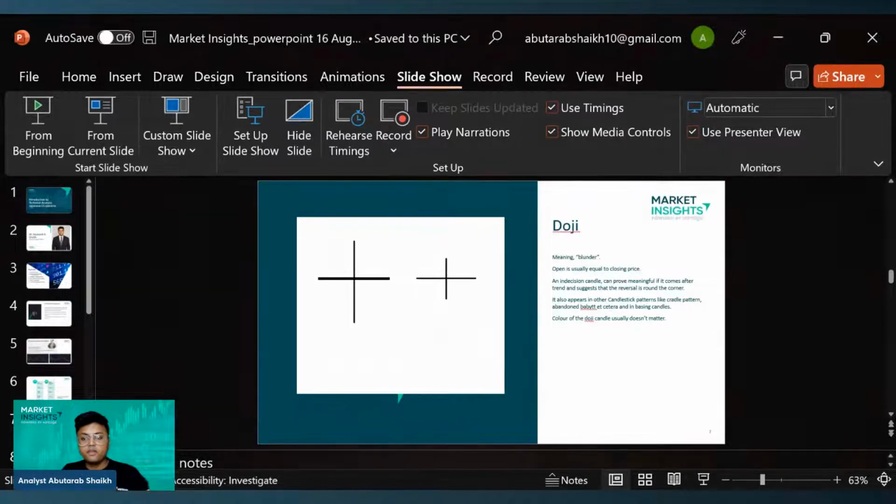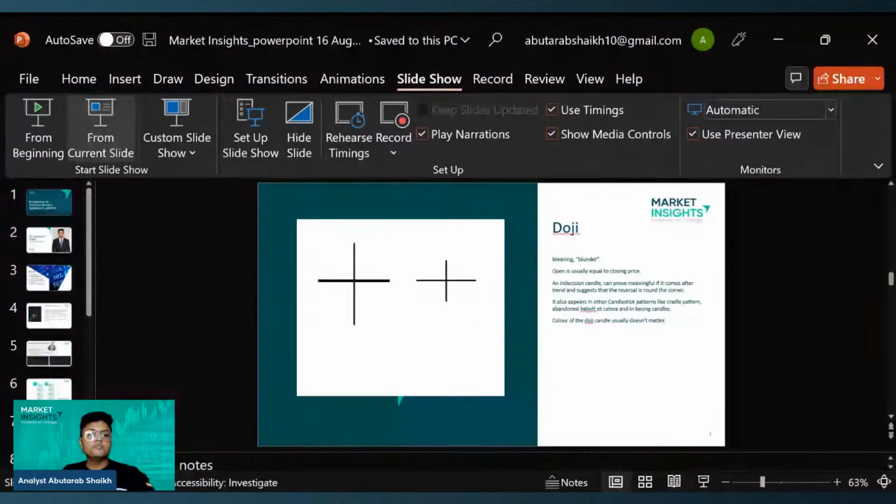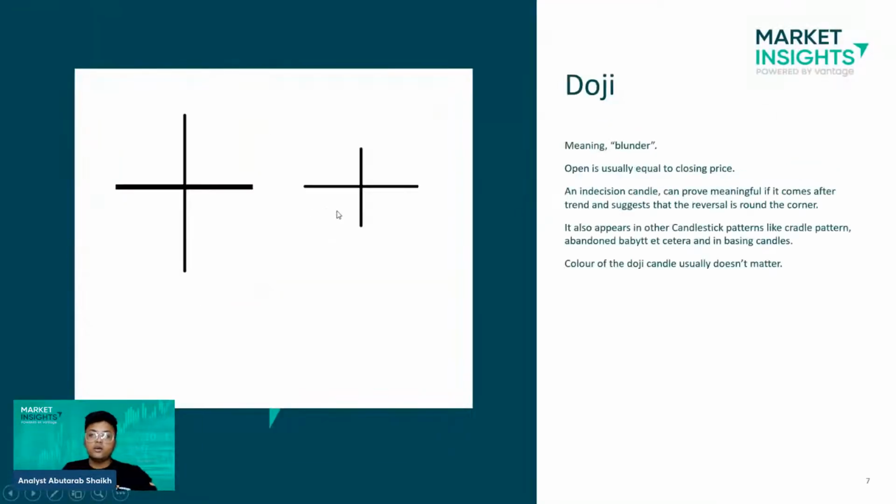So yeah, doji is something which means a blunder, right? Japanese people, if they look at a candle like this in the market, they will say, oh my god, there's a blunder here, there's a very big problem. They will panic. Not exactly, they know how to handle a doji, isn't it?